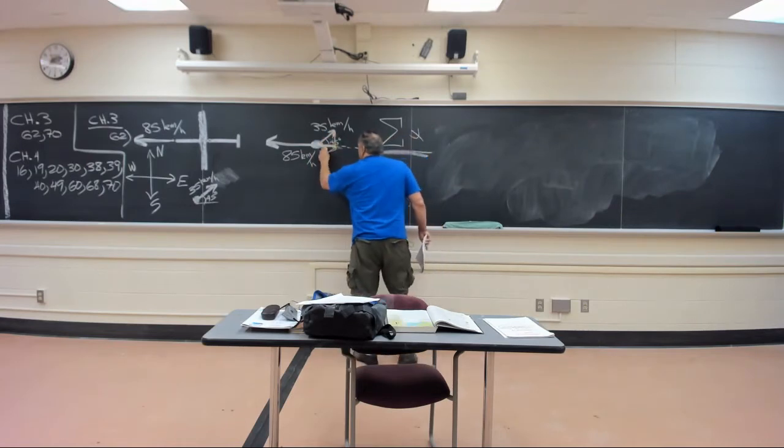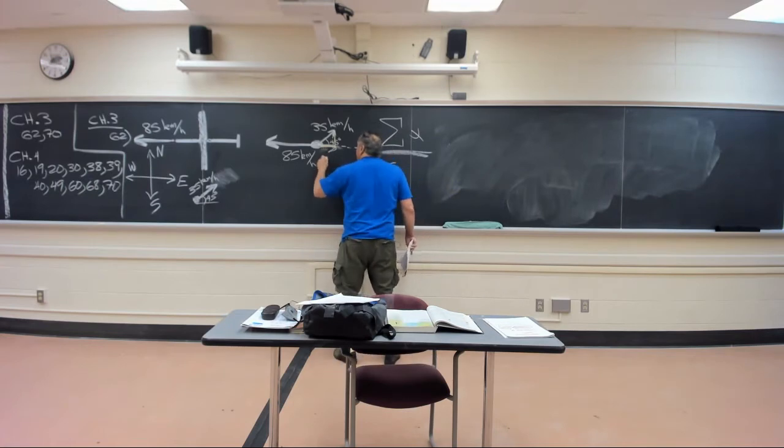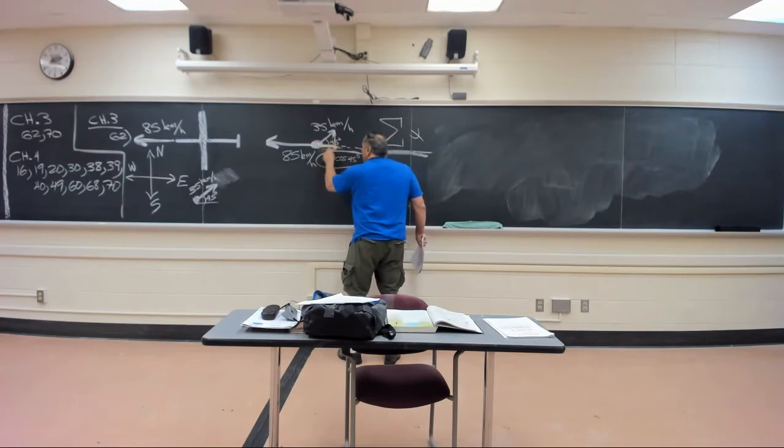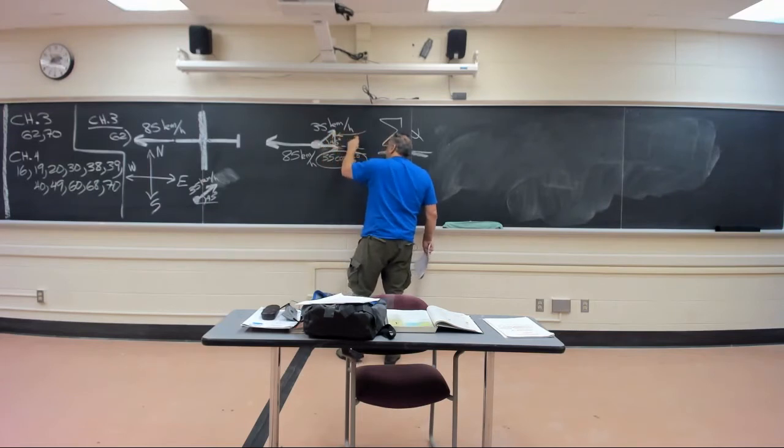So let's find this guy right here. This guy right here is going to be 35 cosine 45 degrees. That's going to be this guy. This guy right here is going to be 35 sine 45 degrees.